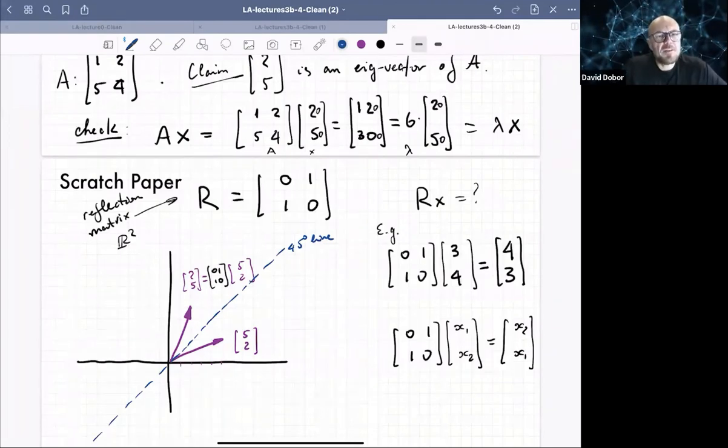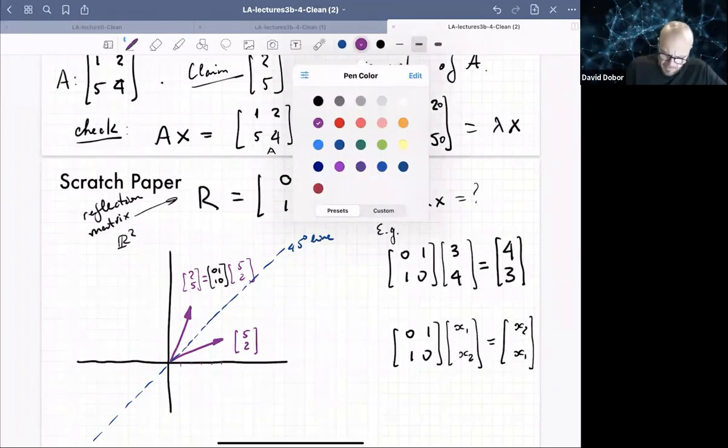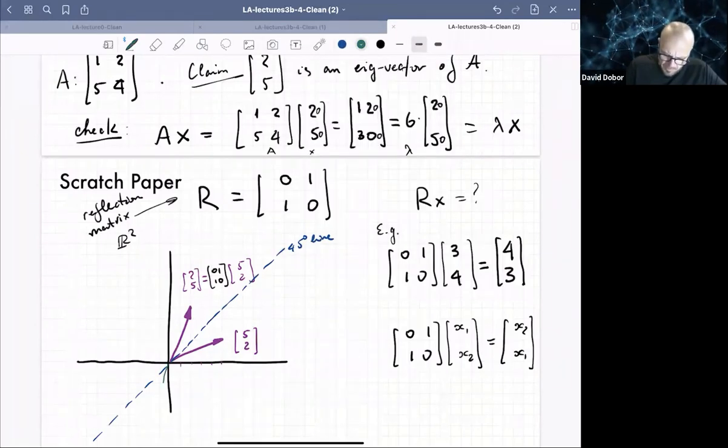What happens if you give it some other vector? For example, let's take this one, -1, -5. Where does that one go? It flips the coordinates, right?